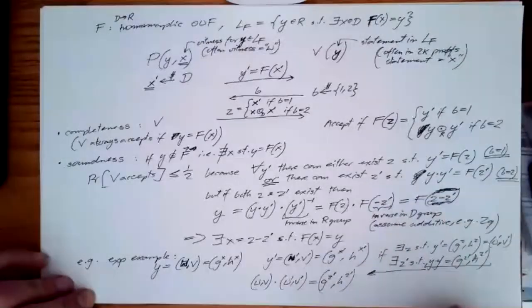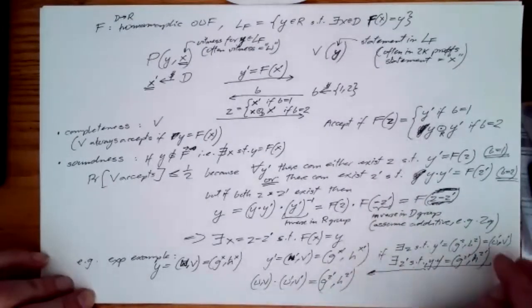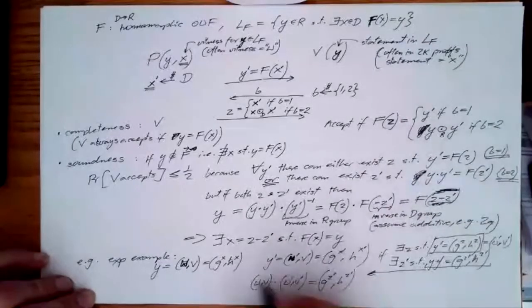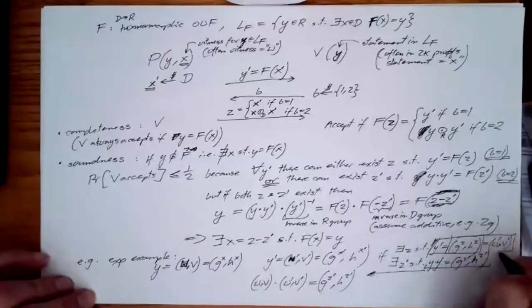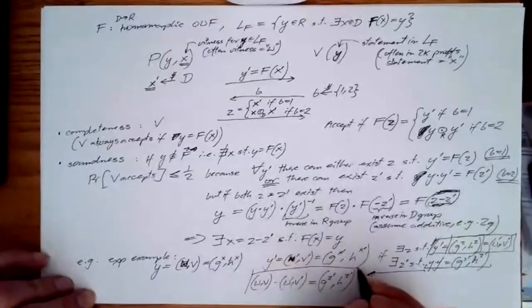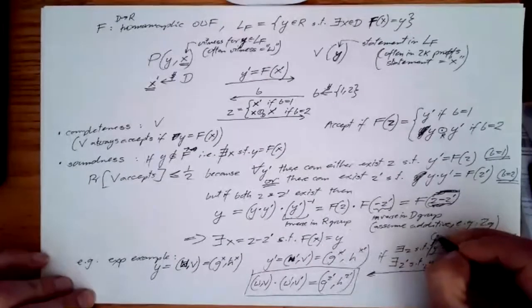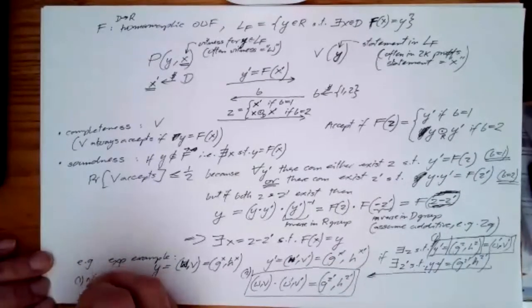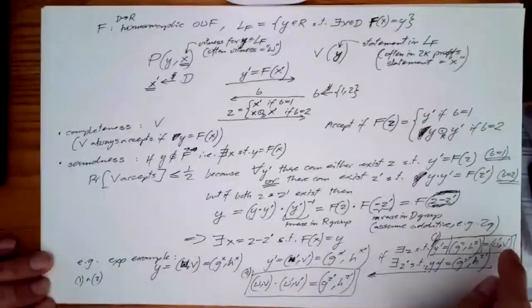Now I divide this equation by this equation, and what do they imply together by cross dividing, right?